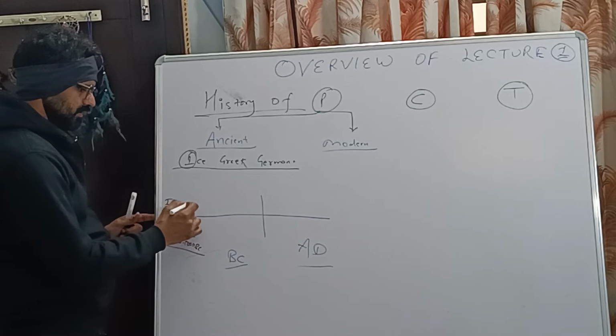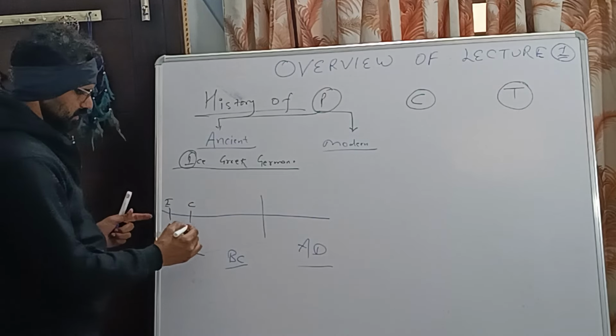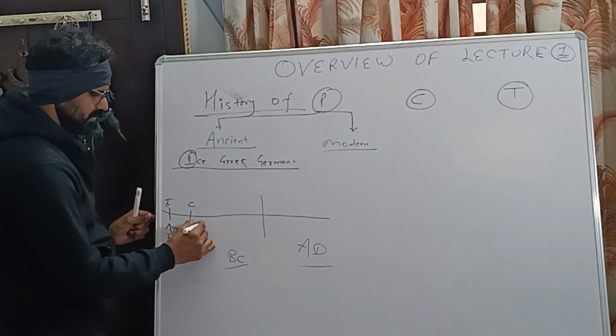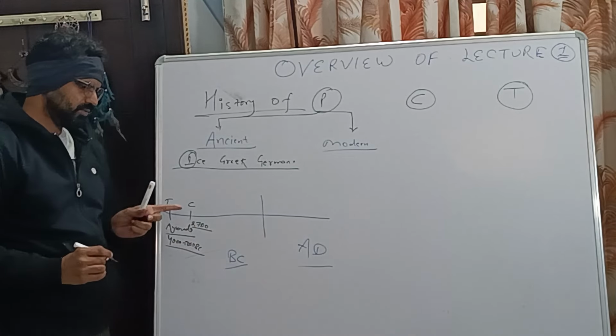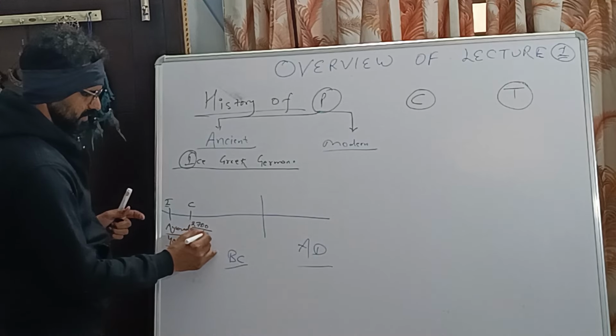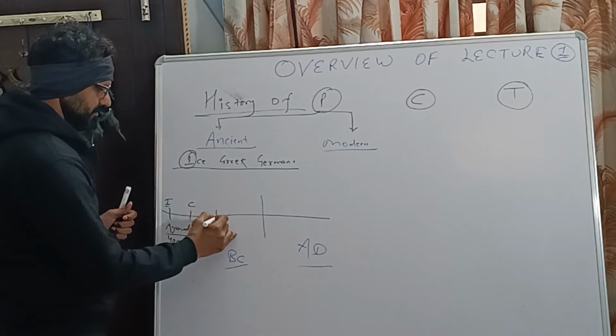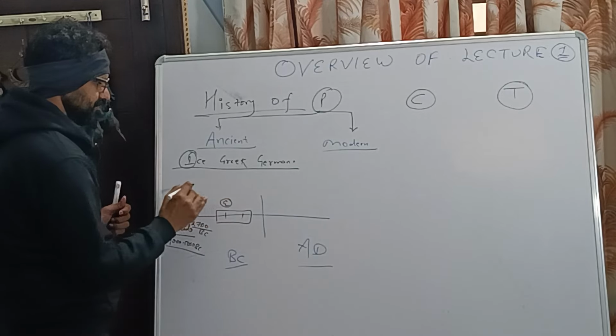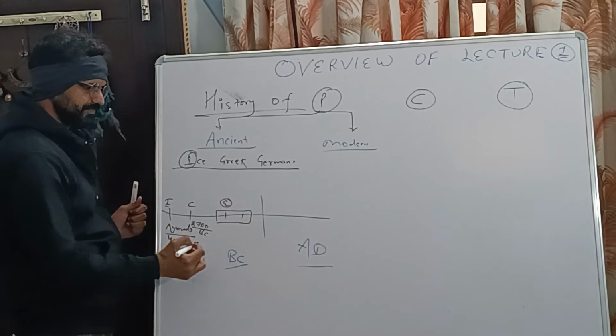After this, C for China, where the first written text is 2700 BC. After this, we have Egyptian text, E for Egypt.